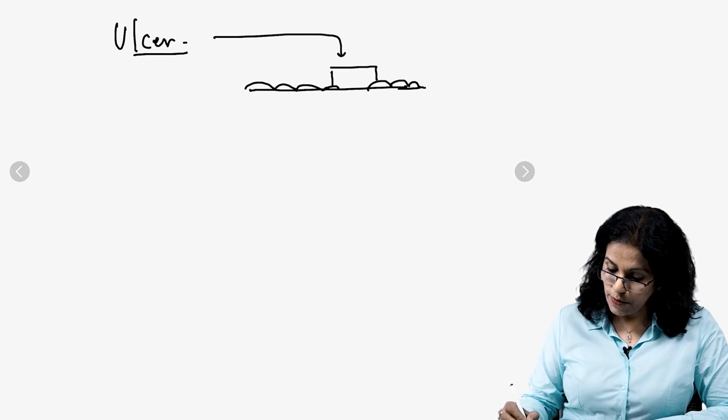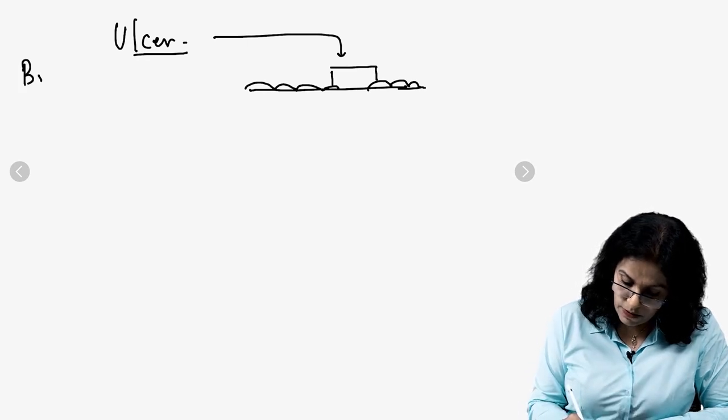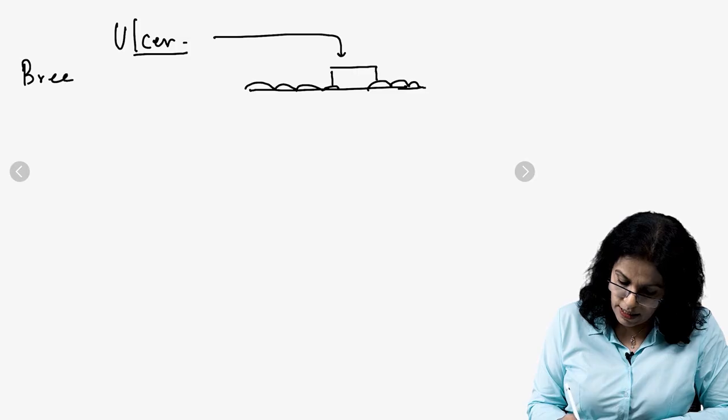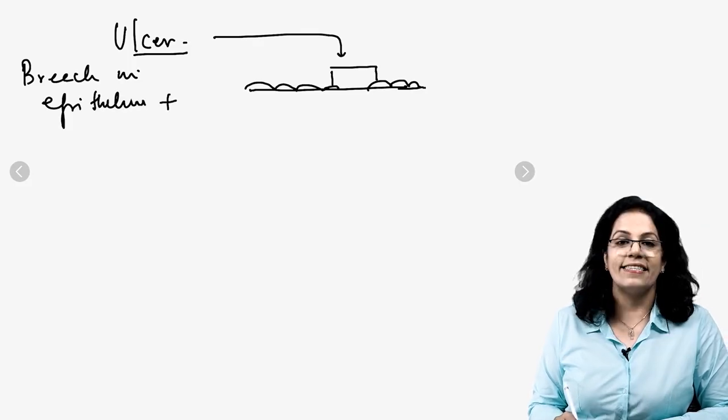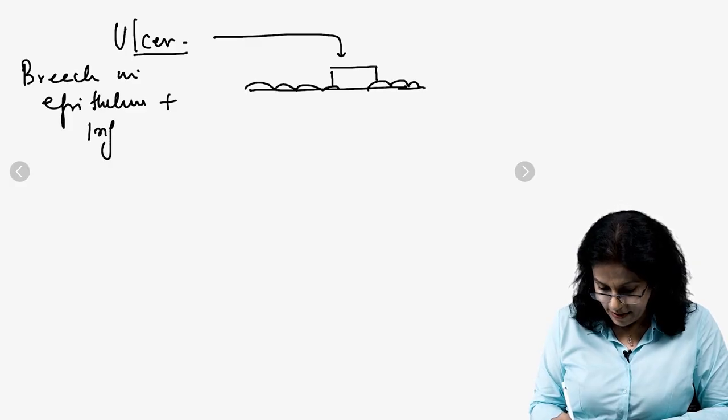Okay. So, please note it down, all of you. It is a breach in the epithelium. What else is happening? There is some infiltration and some necrosis of the tissue.